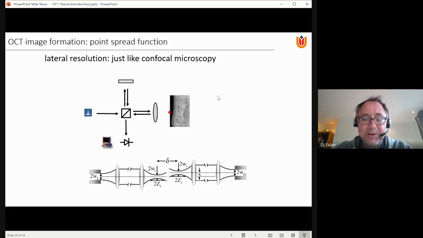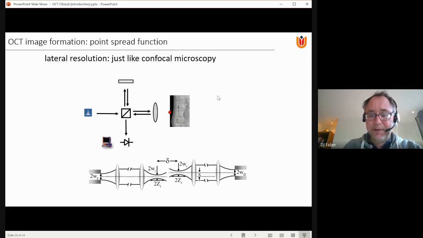I'm going to skip briefly through the next couple of slides because Martijn has a much more compelling story to tell. But this one I still need. In order to extract these optical properties quantitatively, we need to look at image formation. We need to quantify how an OCT image is formed.